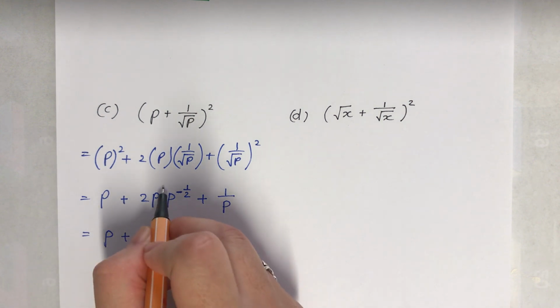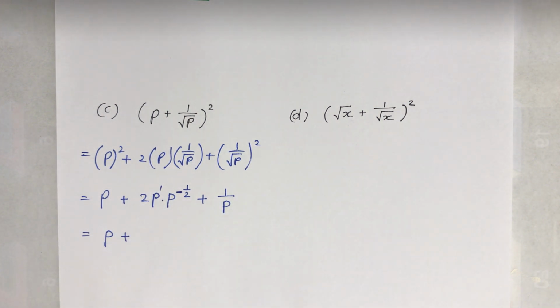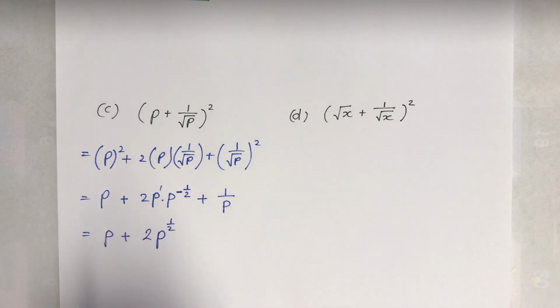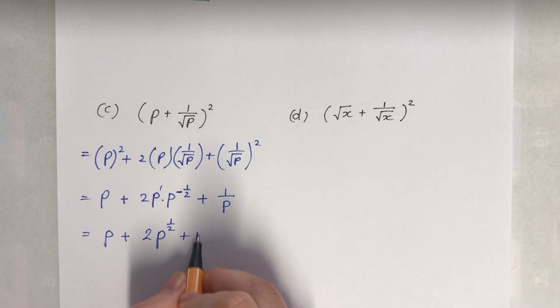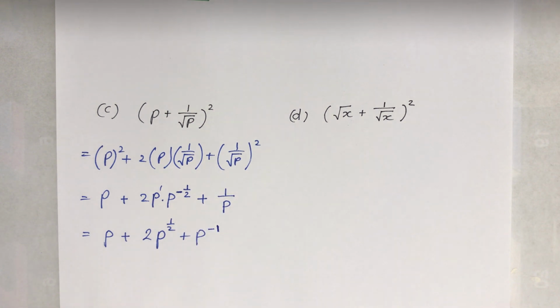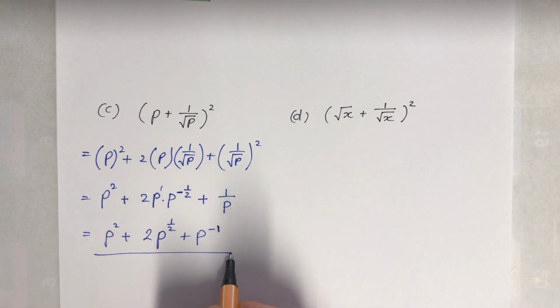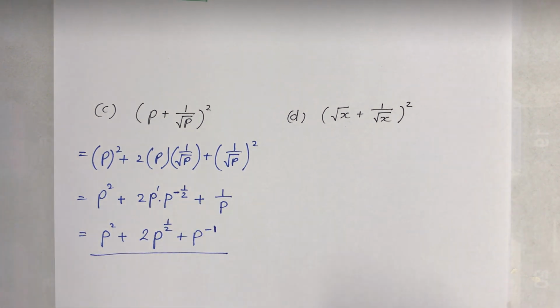Now what happens here? That's 1 there. So 1 minus half, obviously, that's half, plus p to the power of 1. Okay, so, oops, forgot again. Excellent. So now that's my answer written in index form.